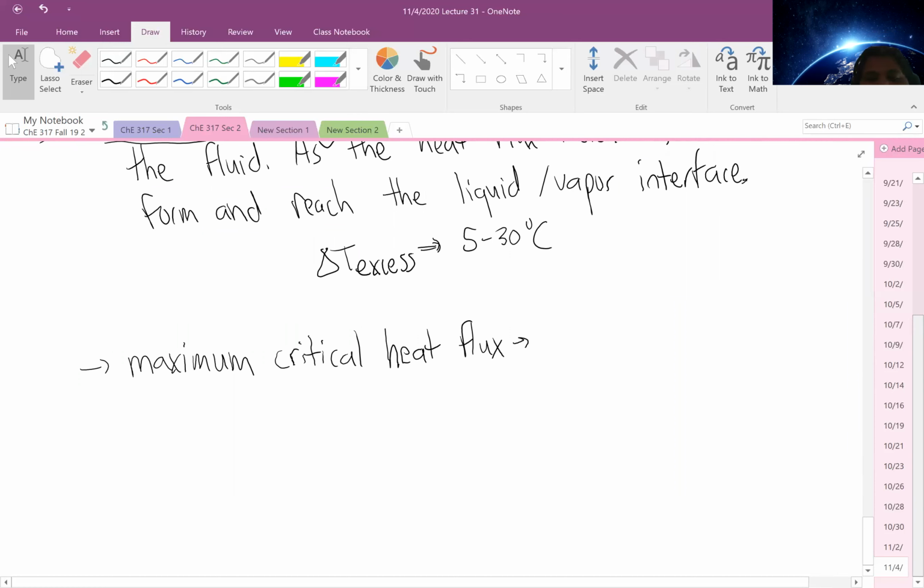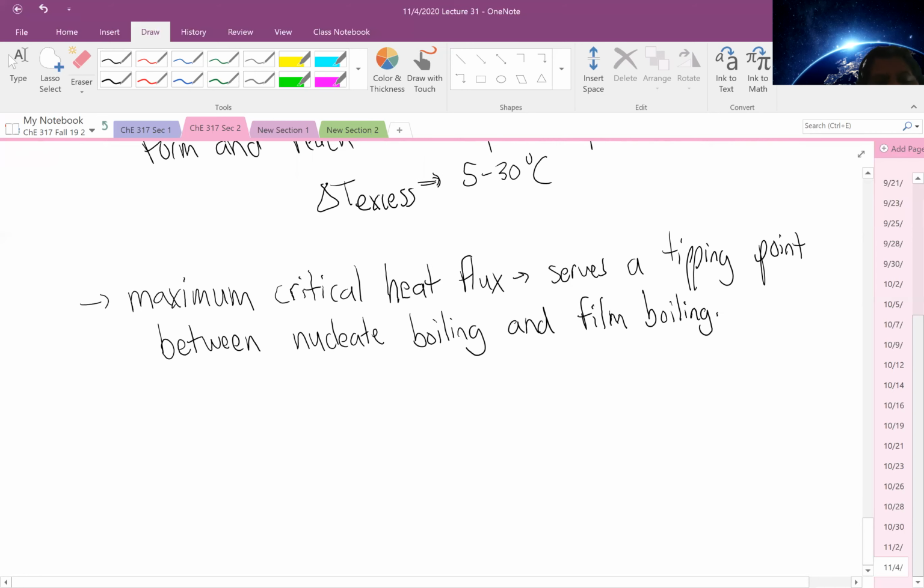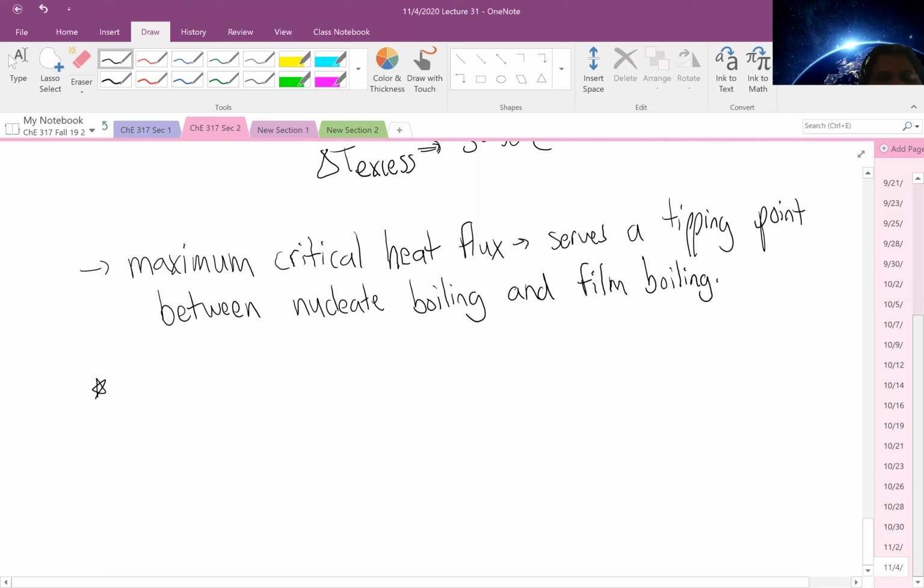The biggest is that this serves as a border or a tipping point between nucleate boiling and film boiling. And the important thing to realize here is that the transitional boiling region is skipped.